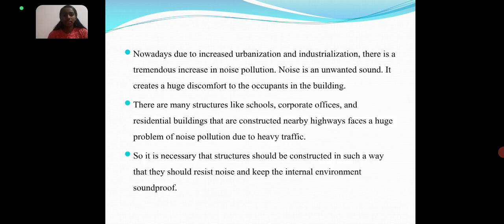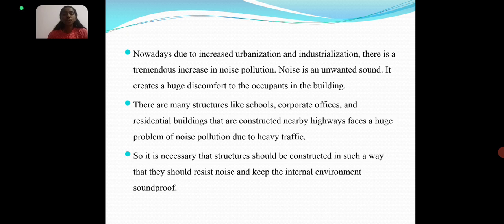So, in the present day, due to the increased urbanization and industrialization, there is a tremendous increase in noise pollution. Noise is an unwanted sound. It creates a huge discomfort to the occupants living in the building. There are many structures like schools, hospitals, corporate buildings, residential buildings that are constructed near the highways.